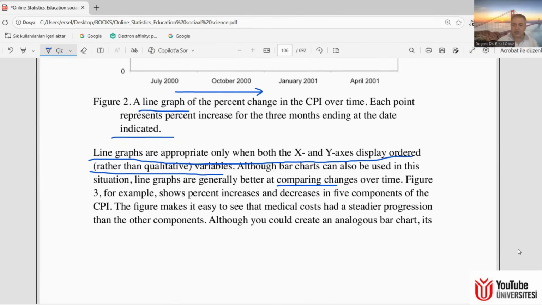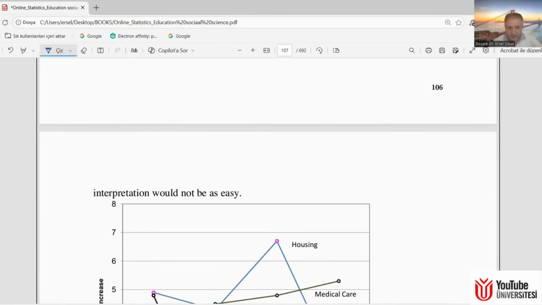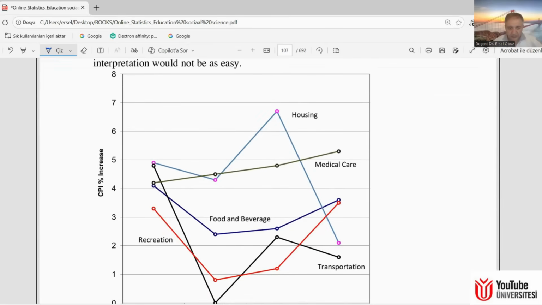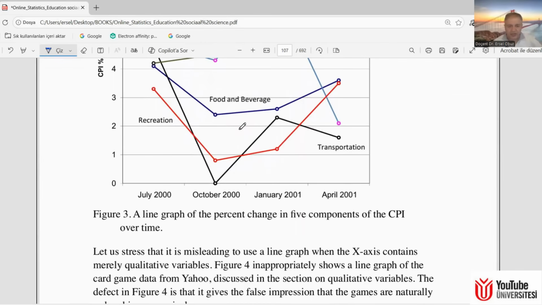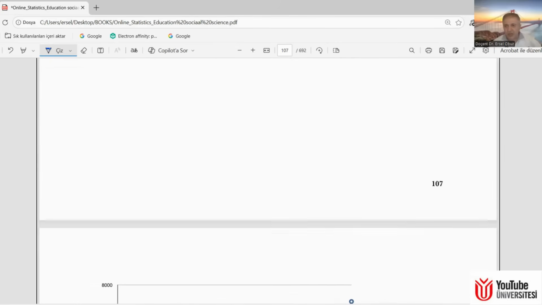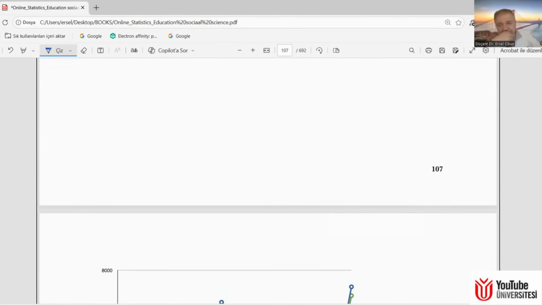Although bar charts can also be used in this situation, line graphs are generally better at comparing changes over time. You know, for some graphs, it is not easy to interpret, such as this. So, okay, we can have misleading graphs anytime, so we should be really careful about it.